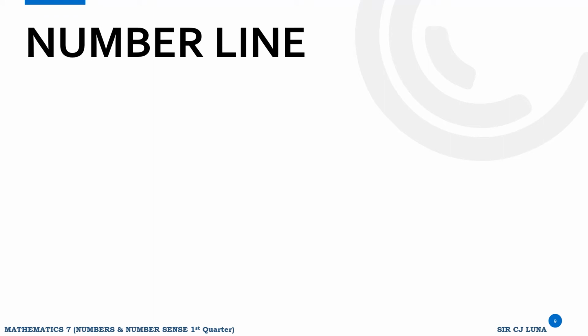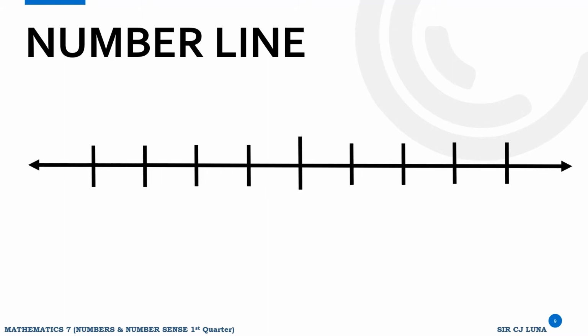So what is a number line? Let us now describe our integers with the use of a number line. Here we have the number line. At the center is 0. 0 is the origin, and it is neither positive nor negative, meaning it has no sign. To the right of 0 are 1, 2, 3, 4, 5, 6, 7, and so on.